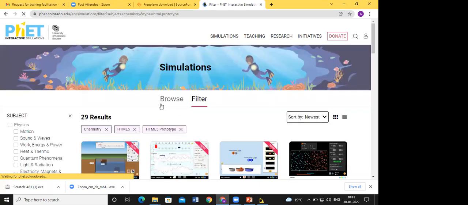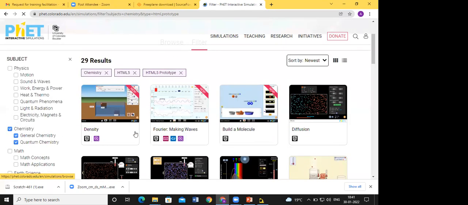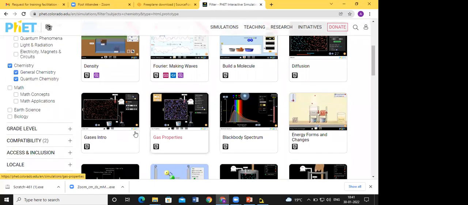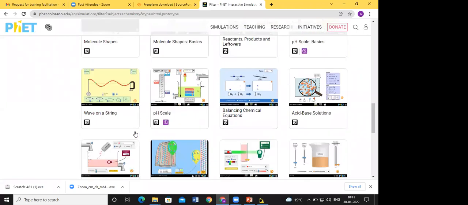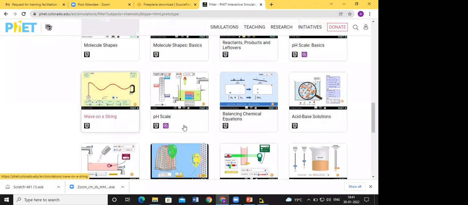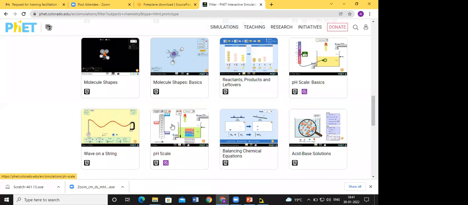These simulations are available at graduate and undergraduate level. Like suppose I take a simulation here, that is the pH scale.